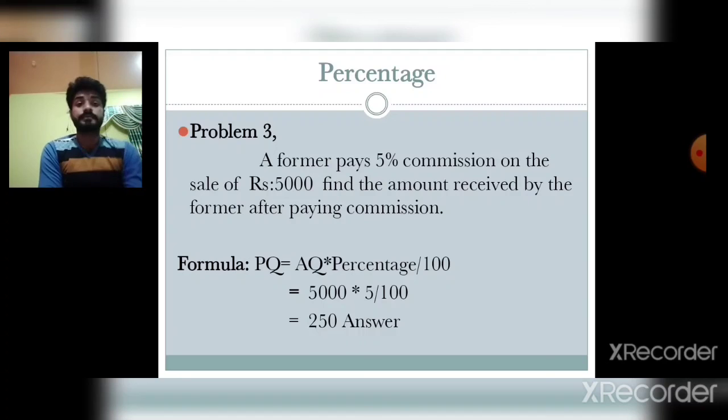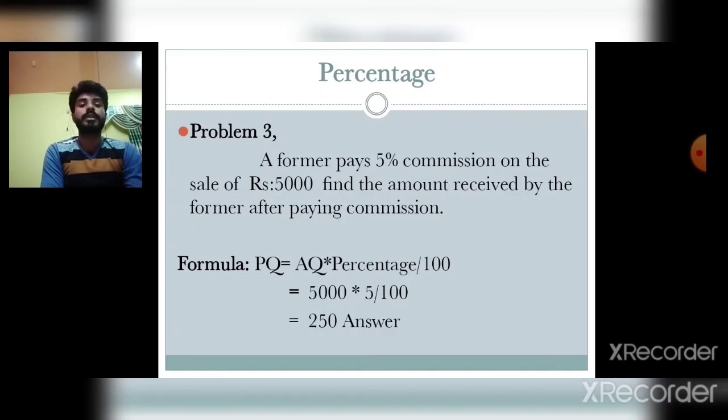Third problem. A farmer pays 5% commission on the sale of 500 rupees. Find the commission paid by the farmer. Here we have to find the commission on the total amount of sale. Here the formula is for part of quantity, so we have to find the part of quantity.